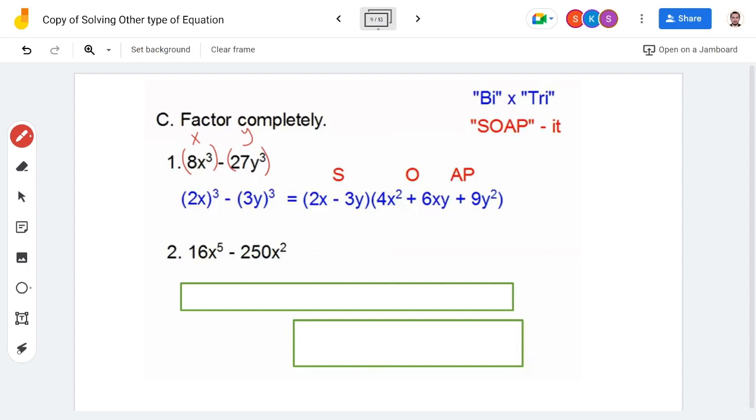The first bracket is always the same thing, no change, which is 2x plus 3y. Then you square the first part, then you square the second part, then you multiply both parts together.